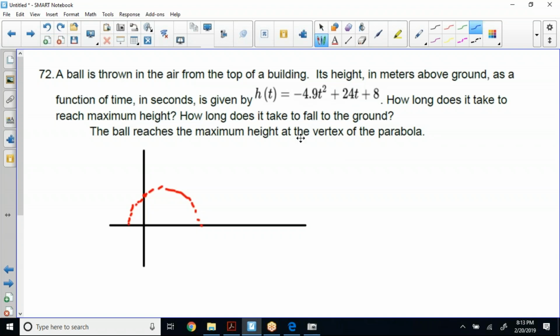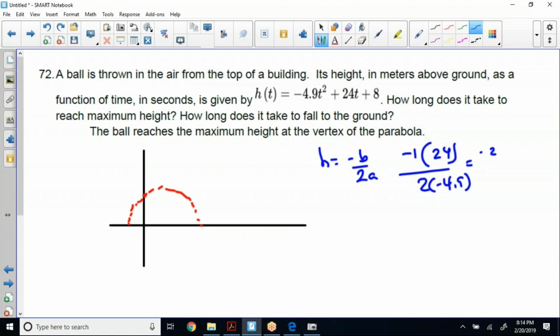So, first things first, H equals negative B over 2A. Because in order to find how long it took to get to the maximum height, we got to find the H of the vertex, right? So that would be negative 1 times 24 over 2 times negative 4.9.